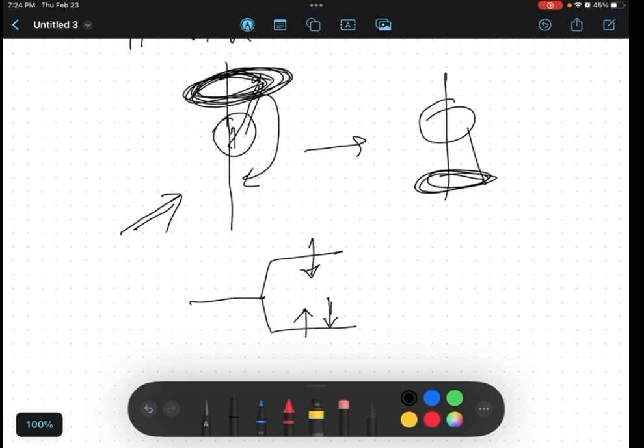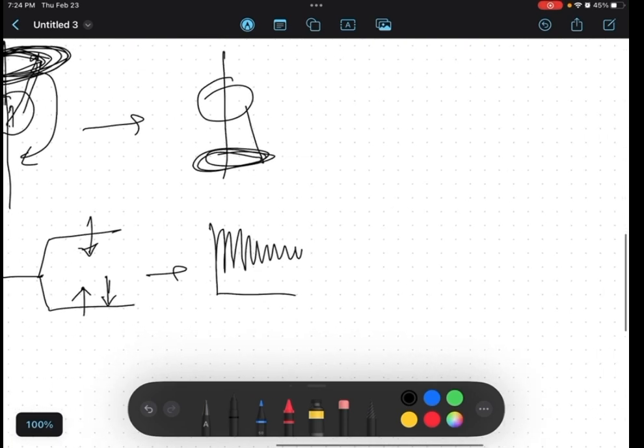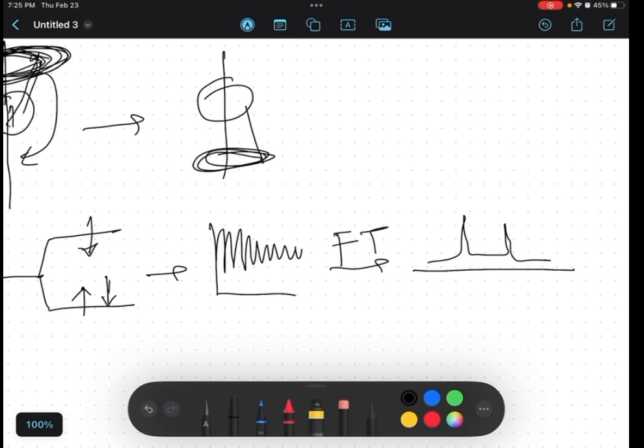In that case, it forms a slowly decaying signal, and that signal is converted to a spectrum with the Fourier transform method, FT. That signal is what is visible in the proton NMR spectra.